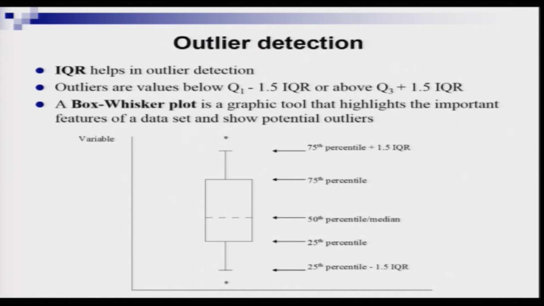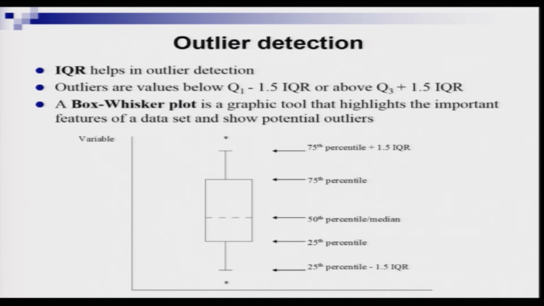So, a box plot is a graphic tool that highlights the important features of a data set and shows potential outliers. Note that along the y axis here I am going to measure the variable values, it can be in any units. Now, note that in the diagram there is a large rectangular box, and the lower bottom line of that rectangle actually gives me the 25th percentile, or the first quartile value, for the variable.